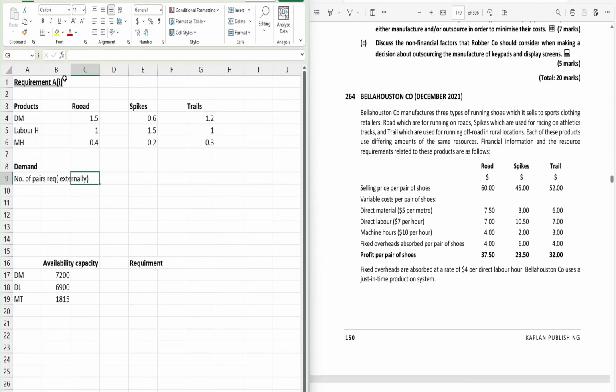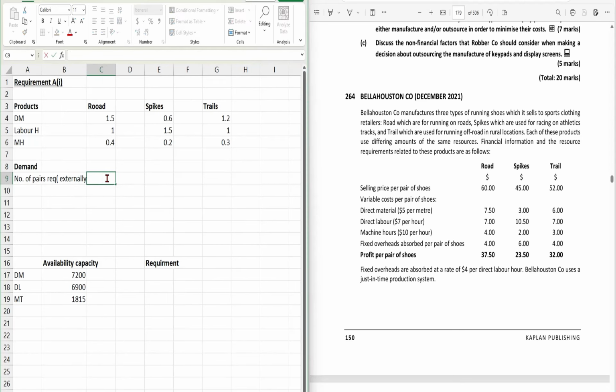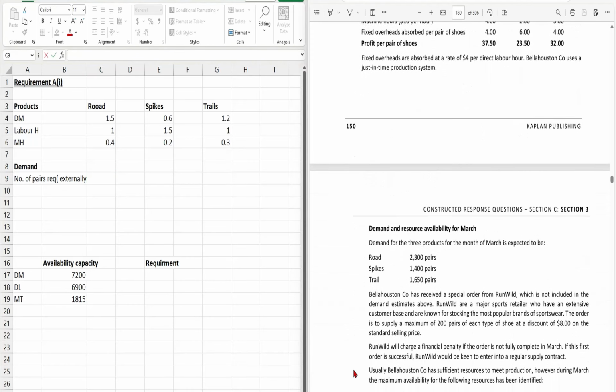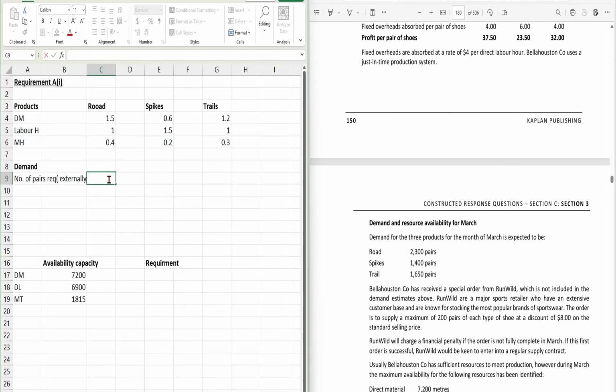So how much is for the road? Road we have, it's given, 2,300, 1,400. Then we have 1,650.